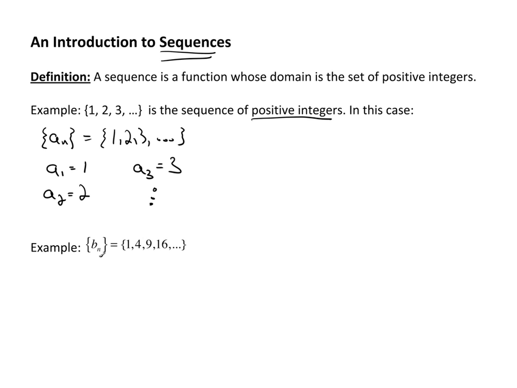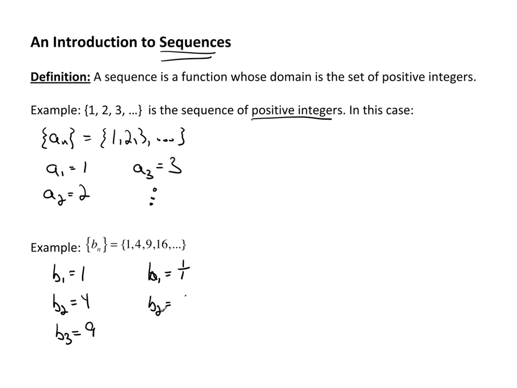This example here, the sequence b_n: b_1 equals 1, b_2 equals 4, b_3 equals 9, but I can represent this in terms of n. In reality, b_1 I can think of as being 1 over 1. b_2 is 4, but you know what?